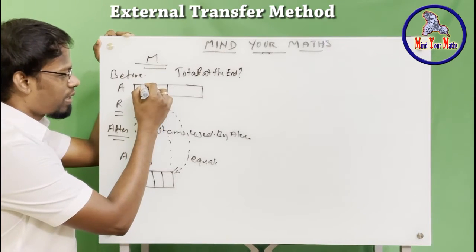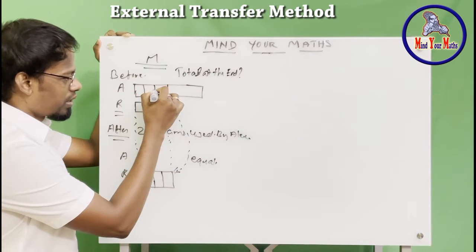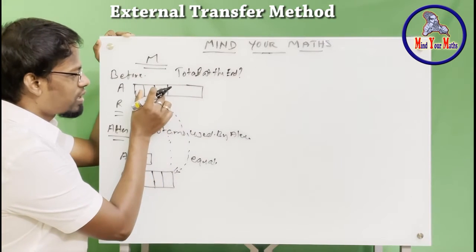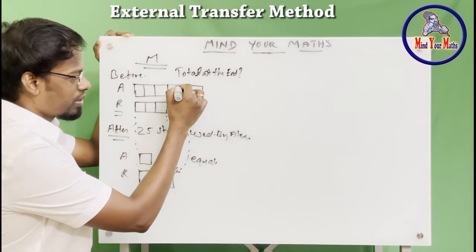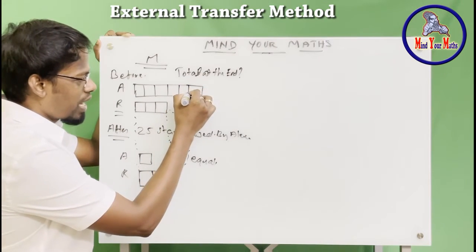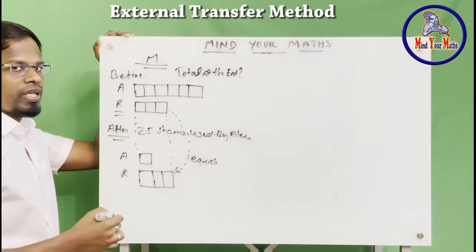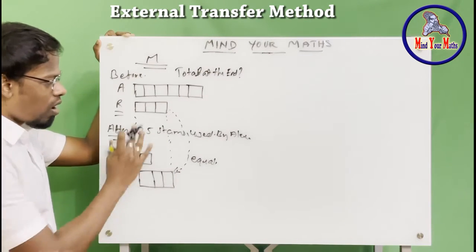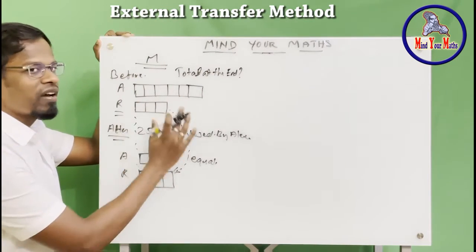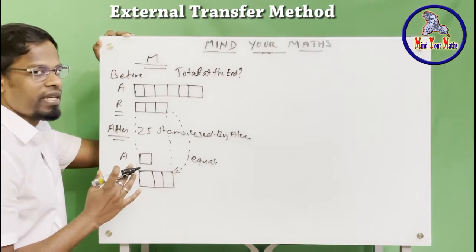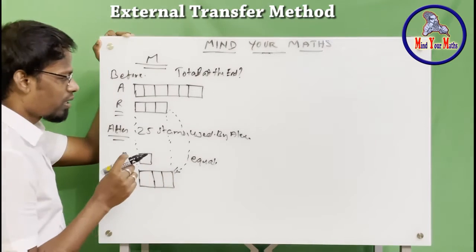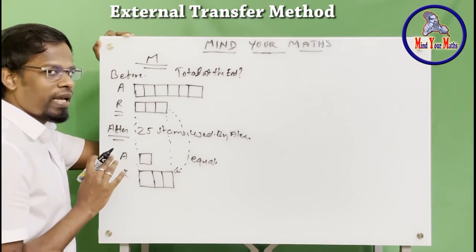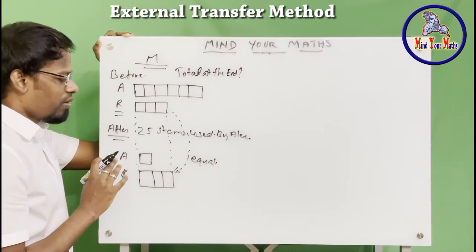So let's split that also into 3 units. And because this is equivalent to this one, we split this also into 3 units. So now that becomes 3 units as well. Now you see all the units before and after we have made the same size.